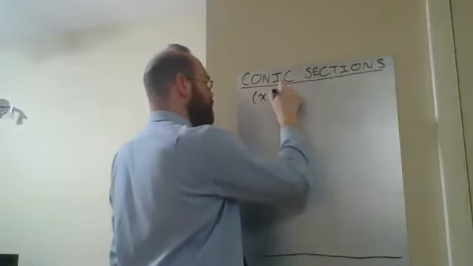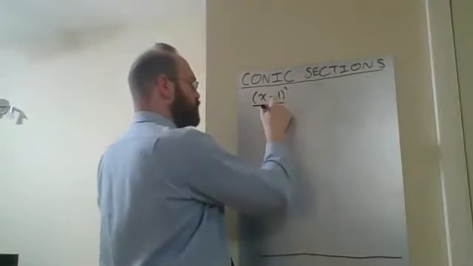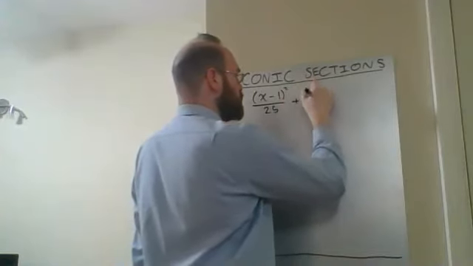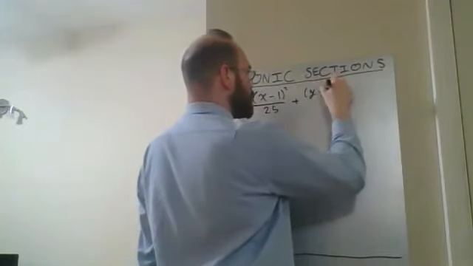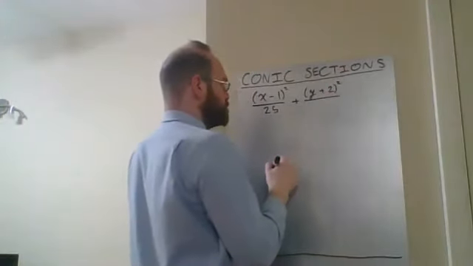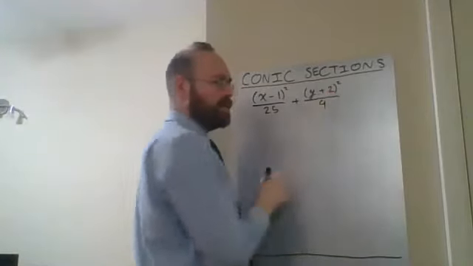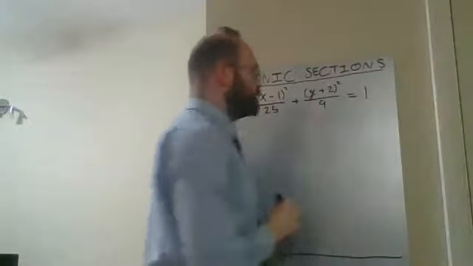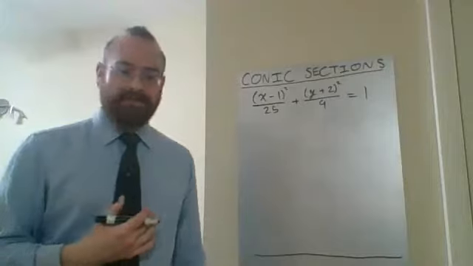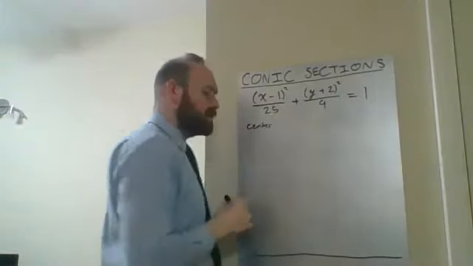So let's do x minus 1 squared over 25 plus, let's do y plus 2 squared over, no, I'll pick an easy square number. How about 9? And it's all equal to 1. So this is our equation that we're now going to graph. The first thing we want to do is identify the center.